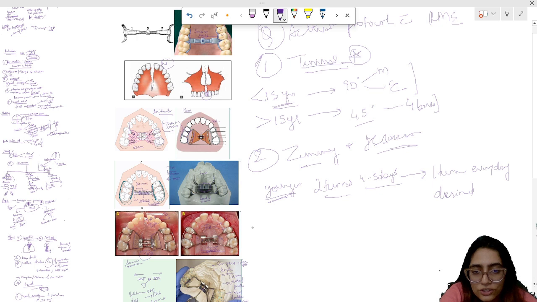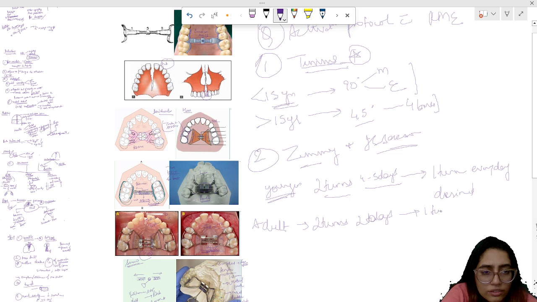While in adult patients, there will be 2 turns for 2 days. This will be followed by 1 turn for 5 to 7 days, and then 1 turn every alternate day.